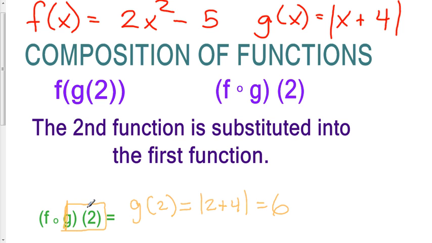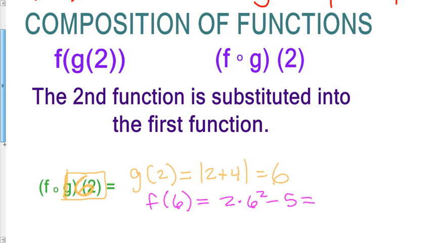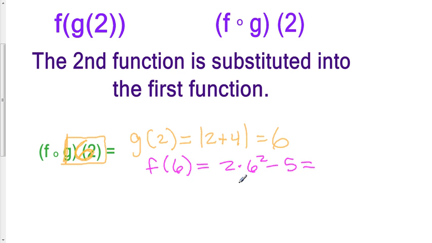And so now that gets replaced by a 6. And so we need to now figure out what is f of 6. And so then we would have 2 times 6 squared minus 5. 6 squared is 36 times 2 is 72 minus 5 is equal to 67.